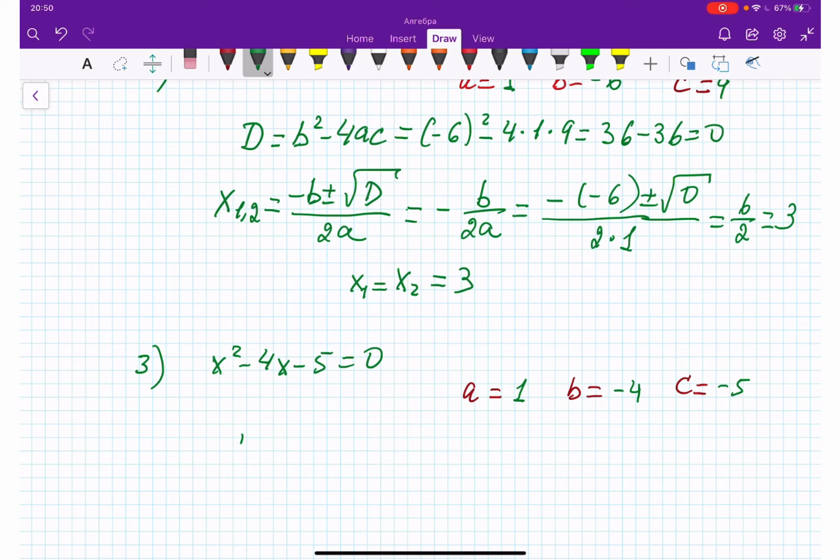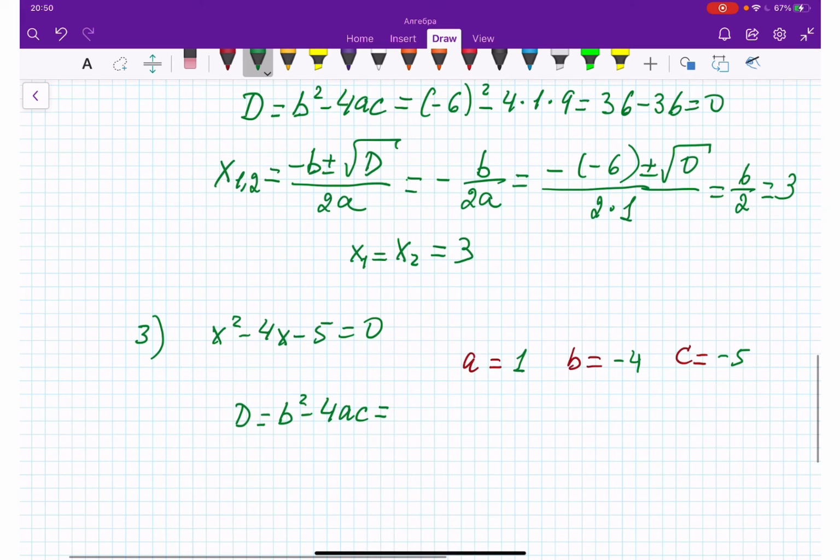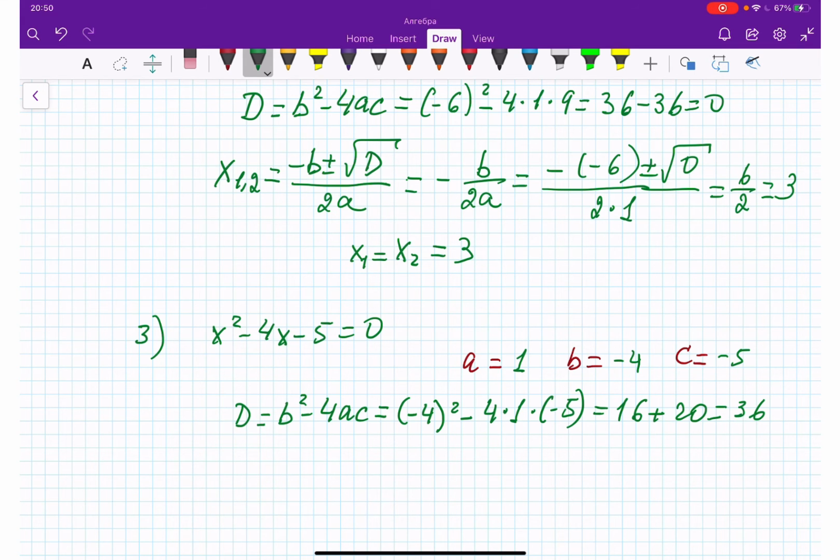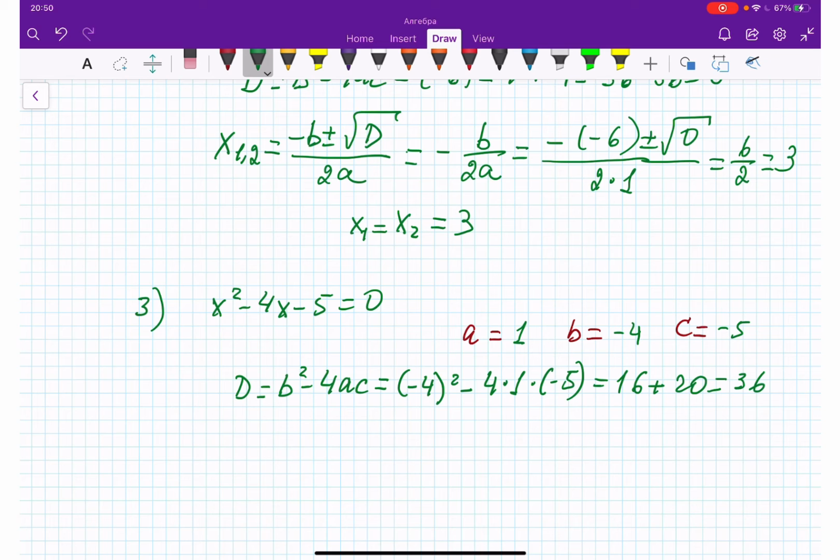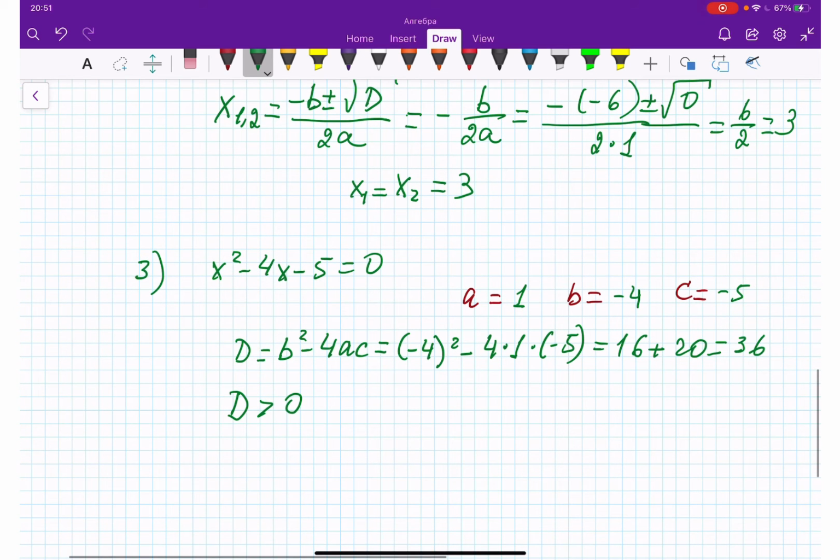From here, the discriminant is b squared minus 4ac, which is negative 4 squared minus 4 times 1 times negative 5, which is 16 plus 20, and we are getting 36. So the discriminant is greater than 0. That means we are going to have two solutions.